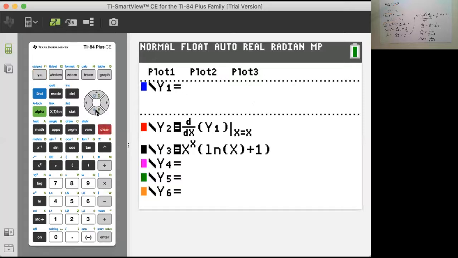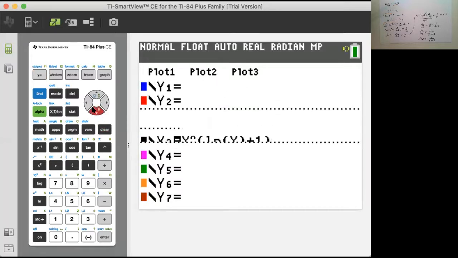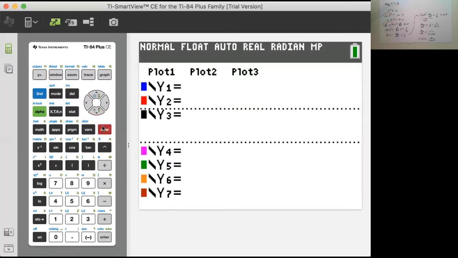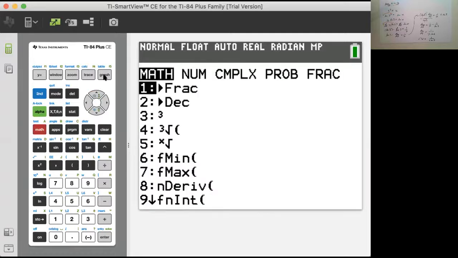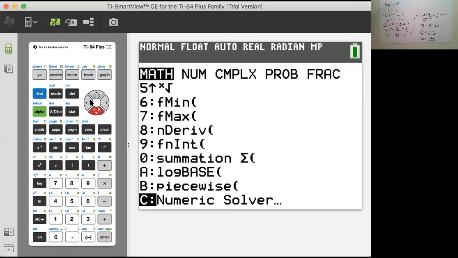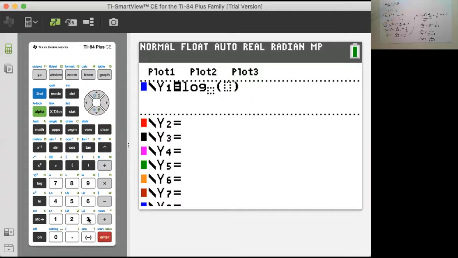So we will start from scratch here. Our function is log base 3 of x, which, where do we find that? It's under math, maybe. There it is, log base. Y equals log base 3 of x.